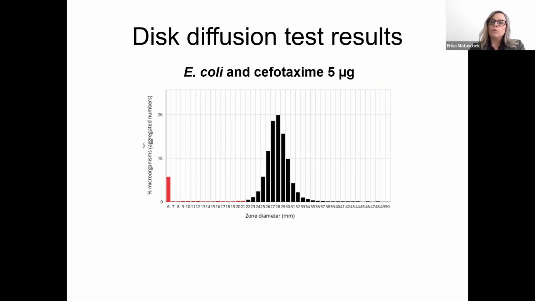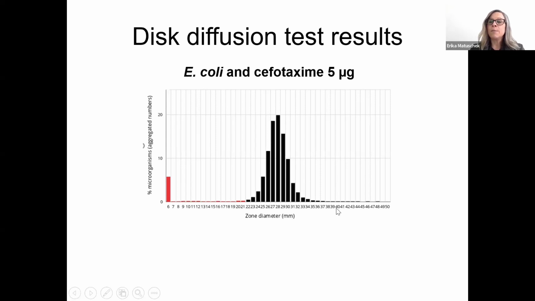So if you follow the method, you use the correct disk potency, the correct medium, and the correct incubation temperature, you should get results that are reproducible. And in this case, it means that if you test clinical isolates, you should have something that looks like a normal distribution like this.